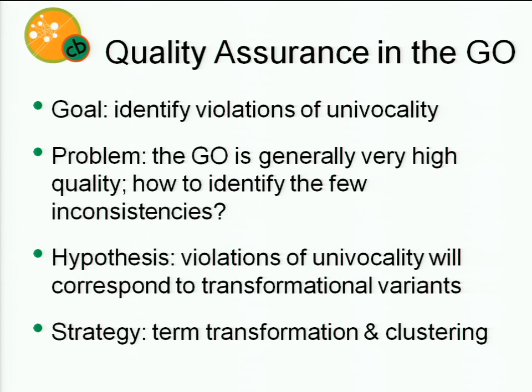We wanted to see if by doing a very shallow analysis of the terms, we could identify these univocality violations. This also improves the generalizability of the algorithm to other ontologies. And we'll see we get quite far, although there are some problems, and that suggests that some more linguistic analysis of the terms might be helpful. So the strategy that we have taken in this work is term transformation and clustering.